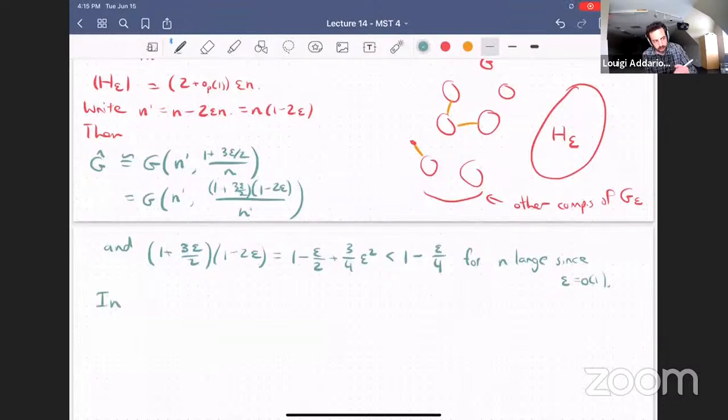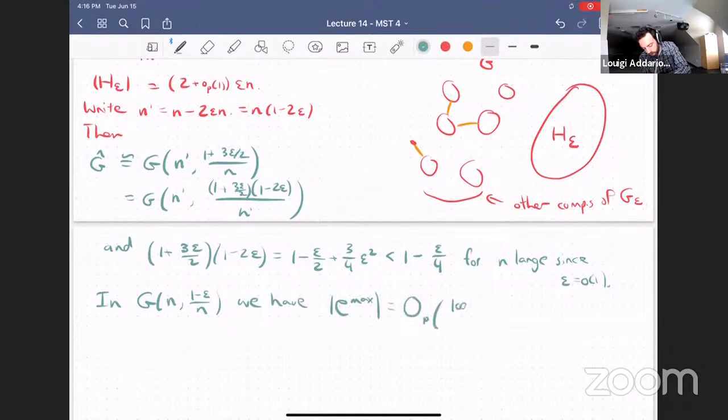Now in a graph G(n, 1 minus epsilon over n), we know that the largest component size, the size of C max, is order log epsilon cubed n on epsilon squared, which is in particular little o of epsilon n. Okay, we saw that before.